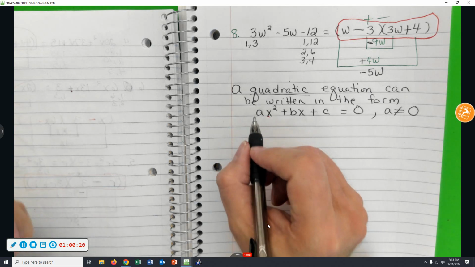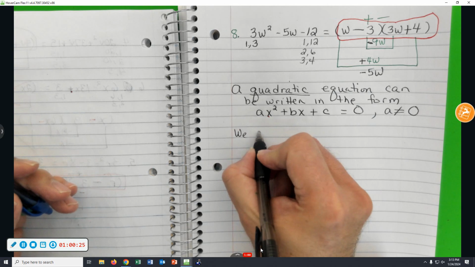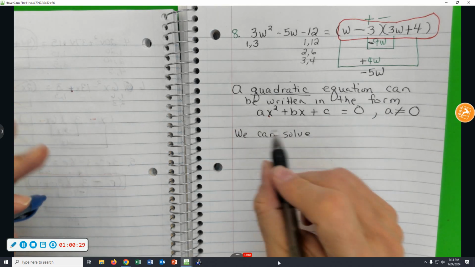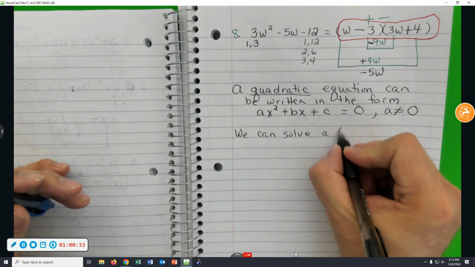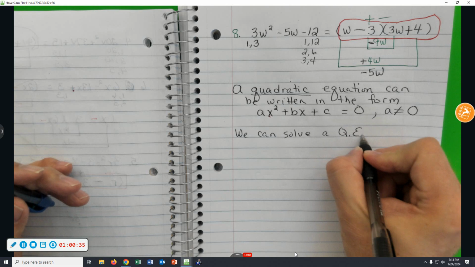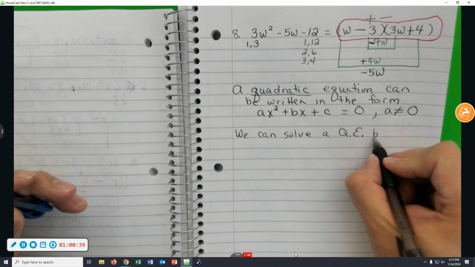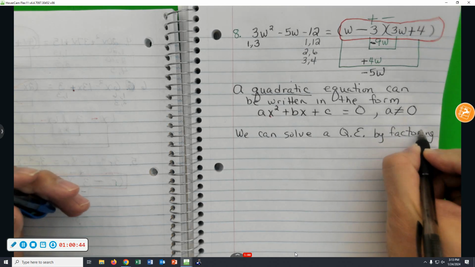We can solve a quadratic equation by factoring. We're going to see several methods for solving quadratic equations on Monday. We can solve, I'm going to say QE for quadratic equation, by factoring. And here's how you do it.